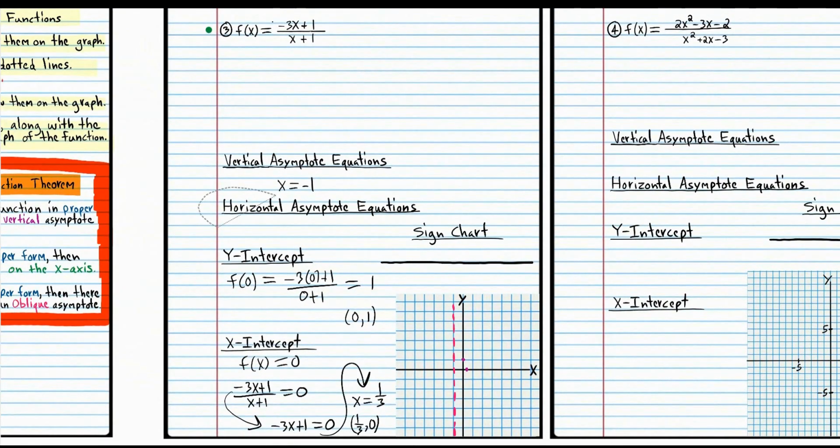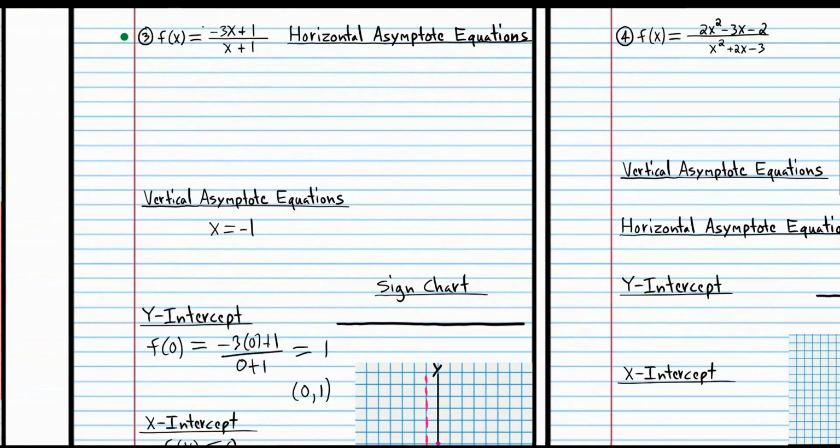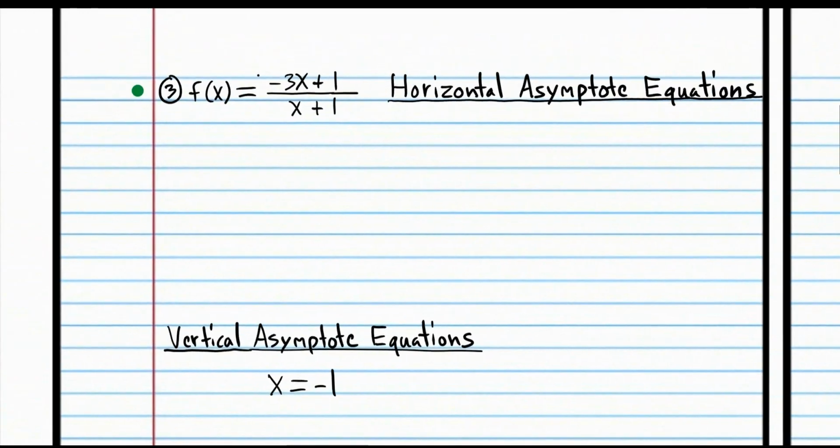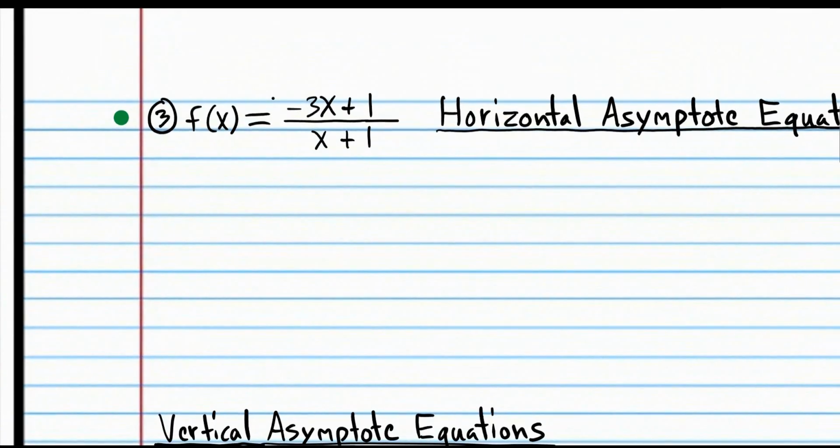And now let's find the equation of the horizontal asymptote. In order to do that, we're going to divide the numerator of the fraction by the denominator.